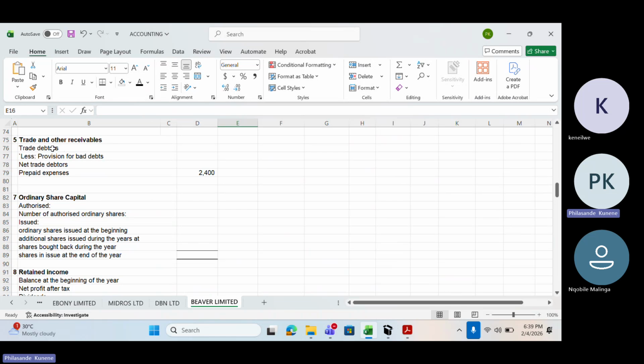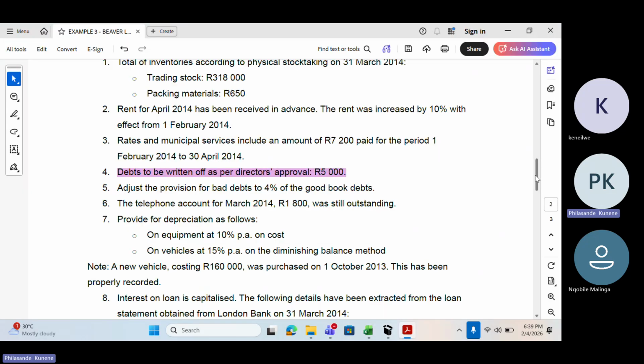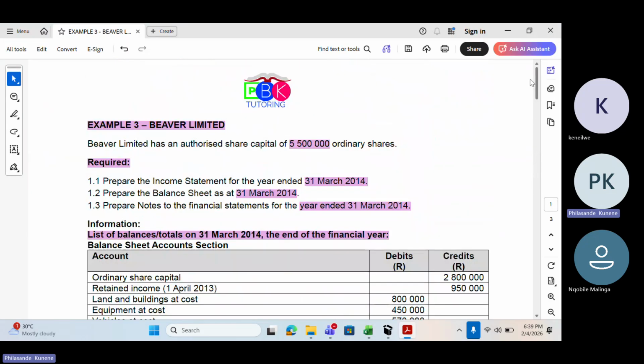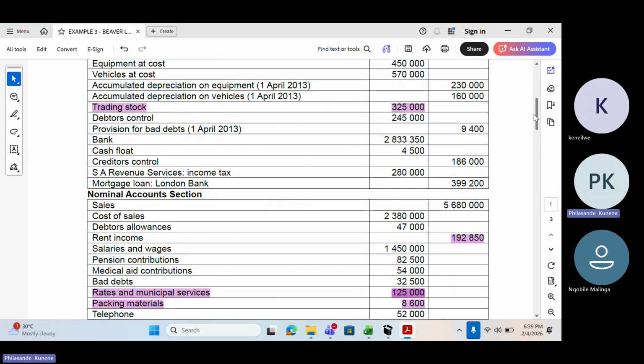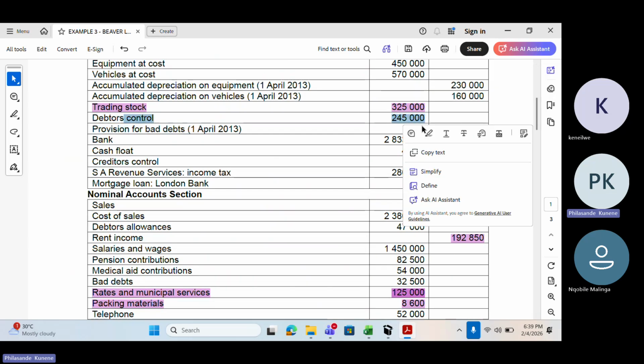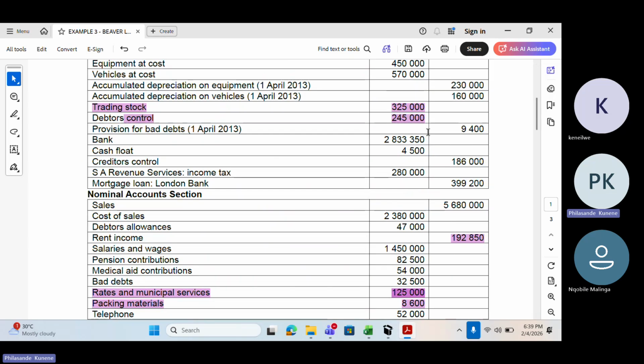As you can see here, we have trade debtors, less provision for bad debt. So from my trade debtors, I need to subtract that 5,000 for additional bad debt. But firstly, I need to get my debtors control in my trial balance. How much is my debtors control there? I have 245,000 rands.